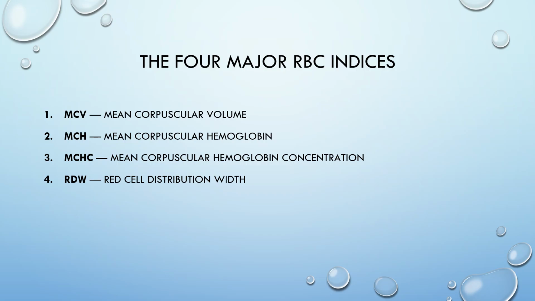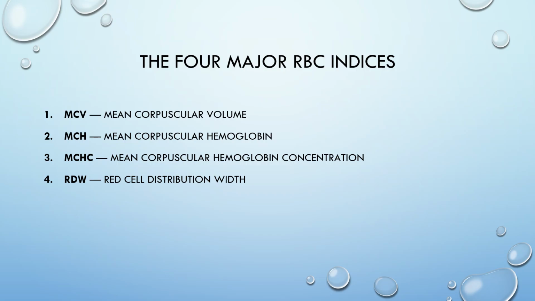Finally, we have RDW, or red cell distribution width. RDW measures the degree of variation in red blood cell size within the population. If most red blood cells are similar in size, the RDW will be relatively low. If the population contains a wide range of cell sizes, the RDW increases.